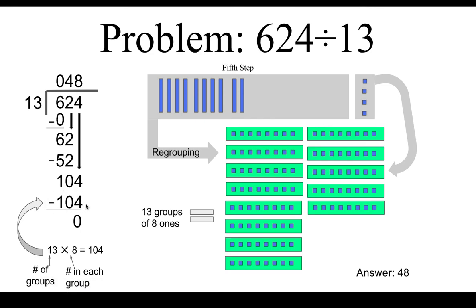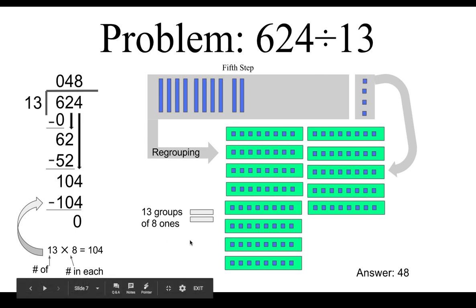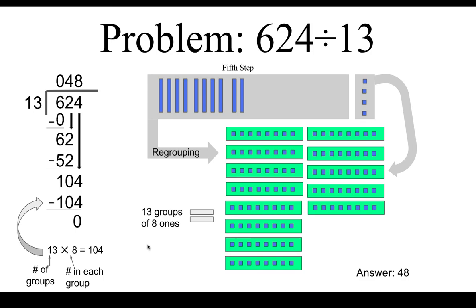So you would do 104 1s minus 104 1s is equal to 0 1s. So that means we don't have a remainder, or we have a remainder of 0 1s, which means that our answer is 48. And now you finish the problem and know how to solve a division algorithm.